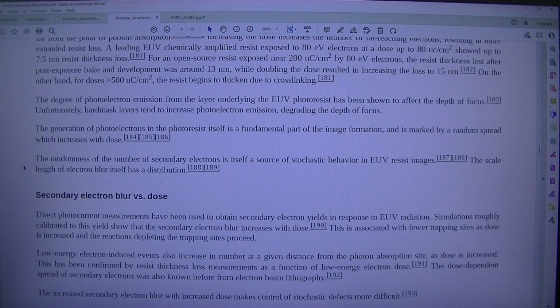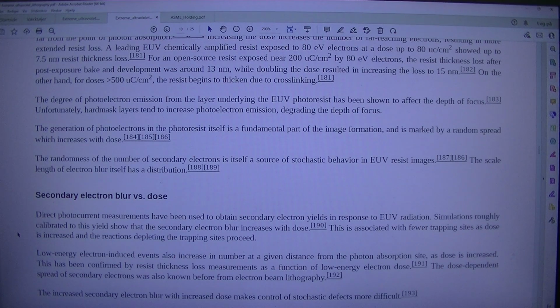188, 189. Secondary electron blur versus dose. Direct photocurrent measurements have been used to obtain secondary electron yields in response to EUV radiation. Simulations roughly calibrated to this yield show that the secondary electron blur increases with dose. 190.